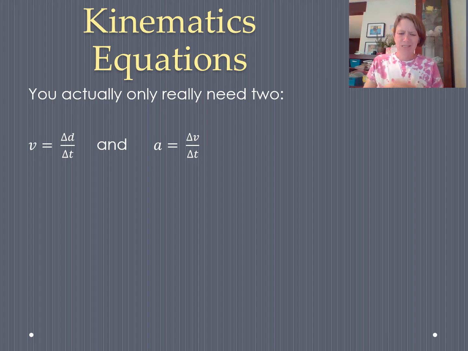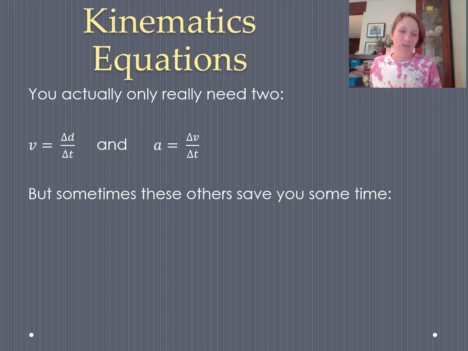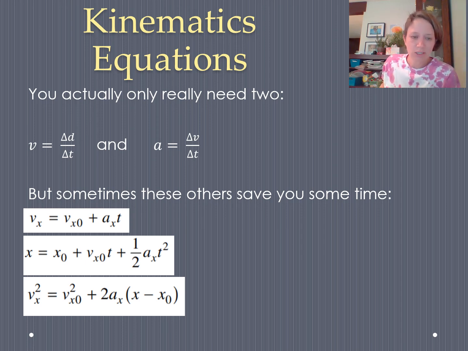However, physicists, I guess, love to make things complicated. So they've taken those equations, they've expanded them into their components, and they've recombined them in different ways. And we'll try this in class once just to see how an equation is derived. But they've taken those 2 very simple equations and they've created 4 much more complicated looking equations out of those 2. And those equations will save you some time.